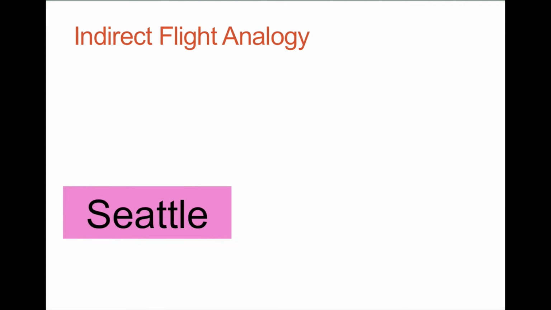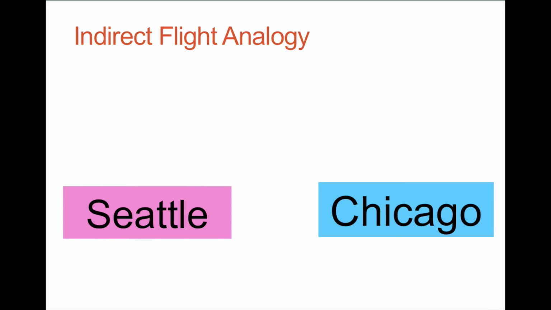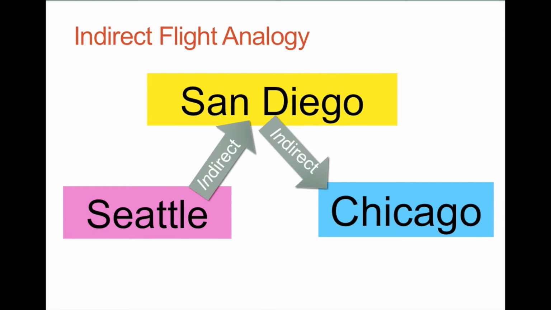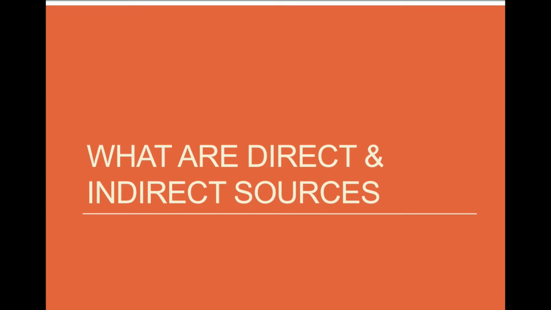Now, let's say you're in Seattle and you want to go to Chicago, but the only flights available route you through San Diego. That would be an indirect flight because you're stopping along the way before you get to your destination. This is important to remember and to use to help you understand when we're talking about indirect sources that you might be using to quote in your papers.